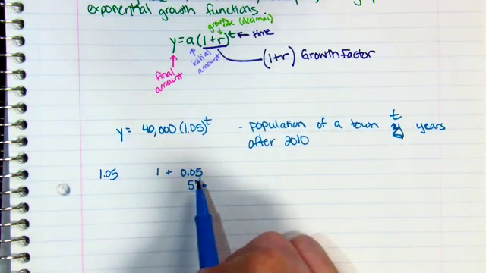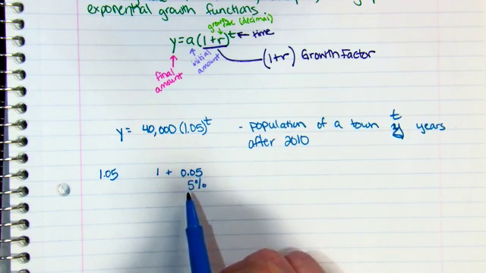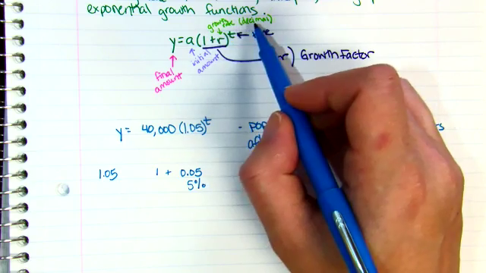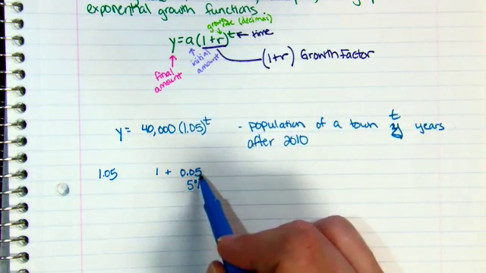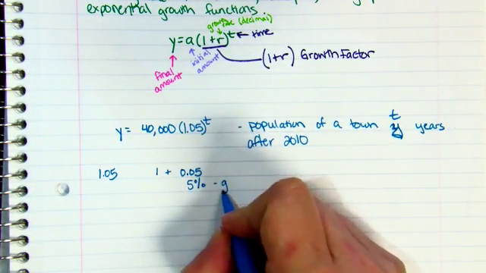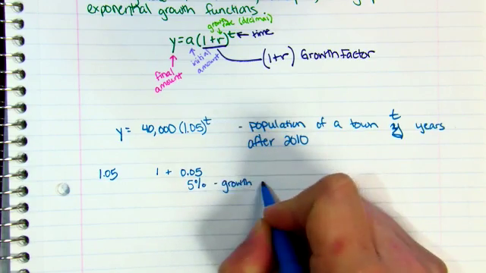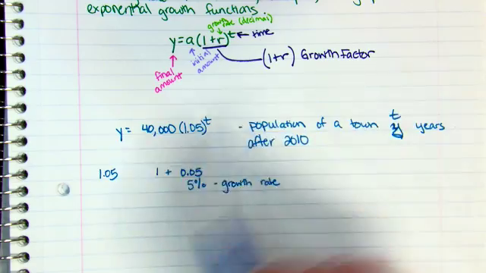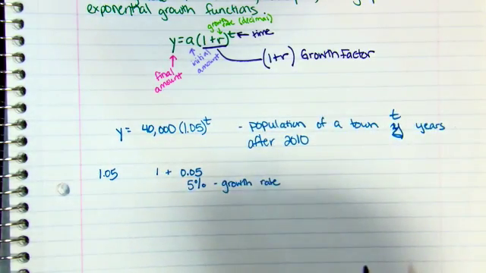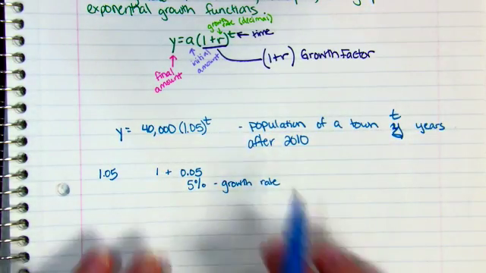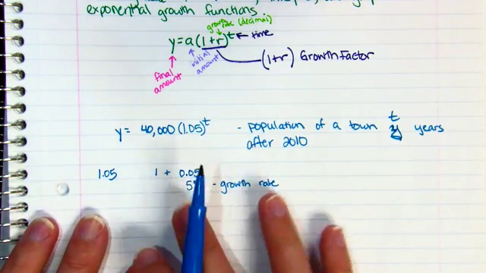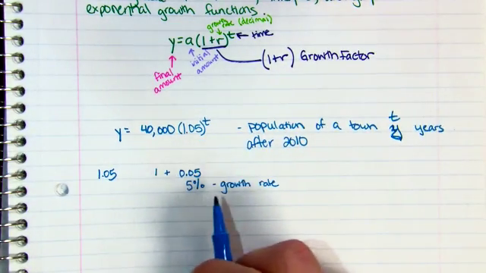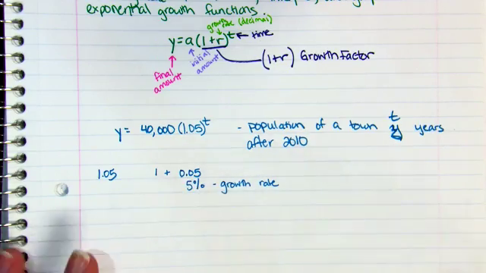What that tells me is my population is growing by 5%. Remember, r represents our growth rate in decimal form. So our growth rate is 5%. That means each year we're getting 5% more people than the year before in this town. So the question is, by what percent does the population increase? And you would say 5%.